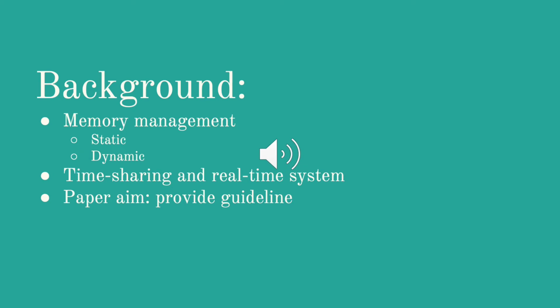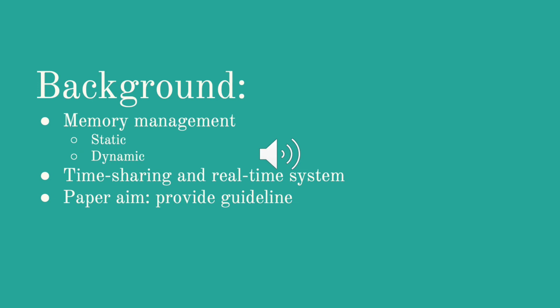Then people developed virtual memory to solve this problem. Virtual memory maps the access address to physical memory. This method involves different algorithms to allocate and deallocate memory. This allocation process is called memory management.